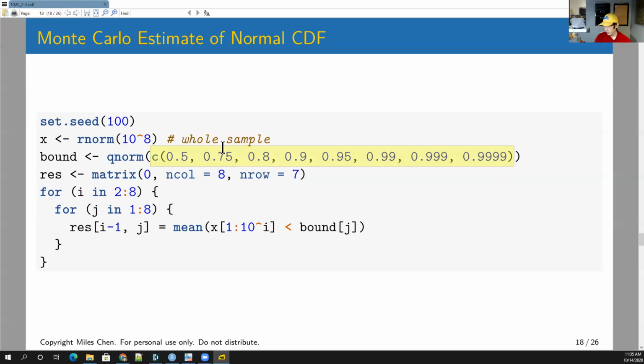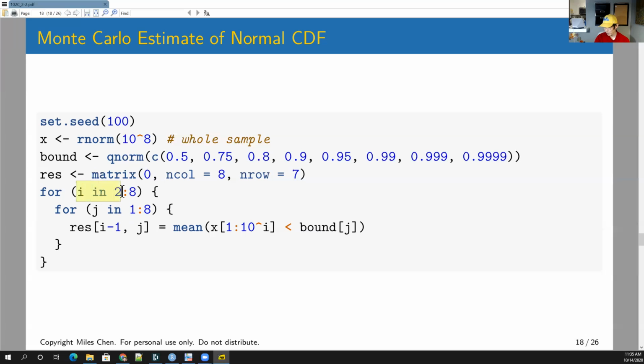And we're going to see how those estimates improve for different boundaries. We're going to first do it for pnorm of 0. We're going to look at the quantiles for 0.5, 0.75, 0.8, 0.9, 0.95, 0.999, and 0.9999. So we've got an inner loop and an outer loop.